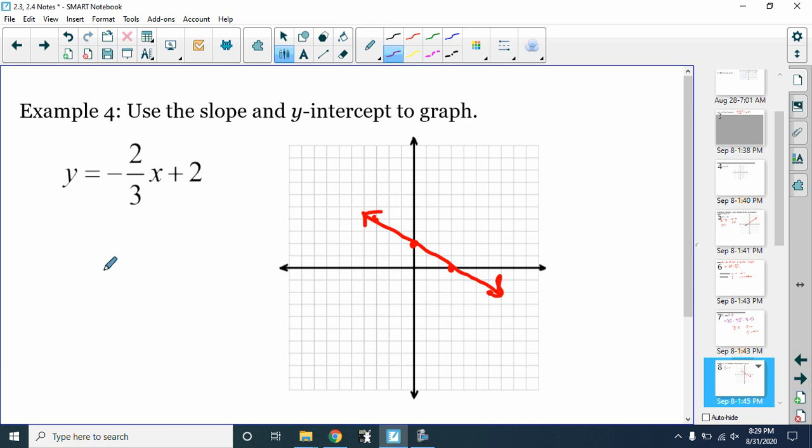If you're ever given a line y equals a number, y equals 7 is a horizontal line. I'm going to make the y value always 7. So notice that's going to be a horizontal line through 7. If we have x equals a number, that is a vertical line, through negative 5 in that case.